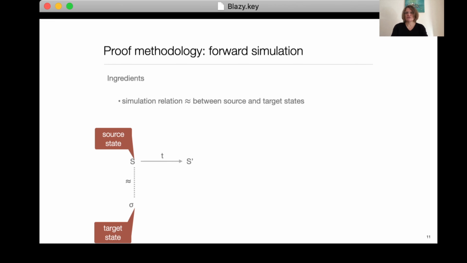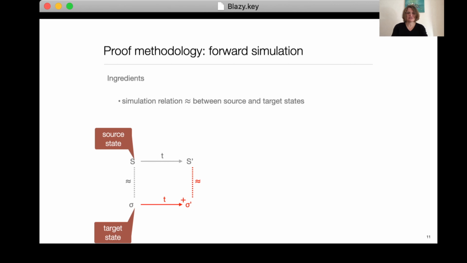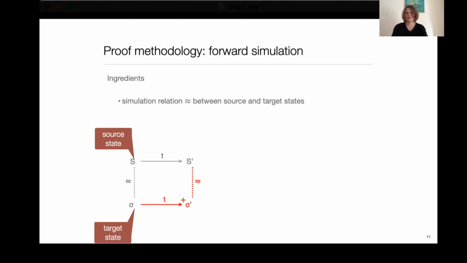Next, for every step from a source state S to a source state S prime in the semantics of the source language, and every target state sigma that matches with S, we must prove that there exists a target state sigma prime such that sigma prime matches with S prime, and sigma prime is reached in at least one step from sigma. Moreover, the emitted trace must be the same in both executions.